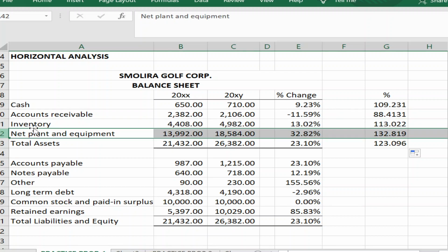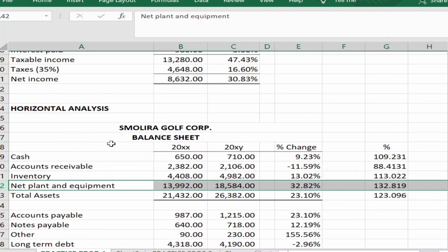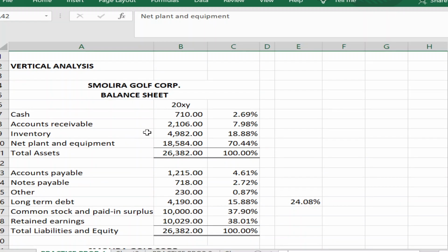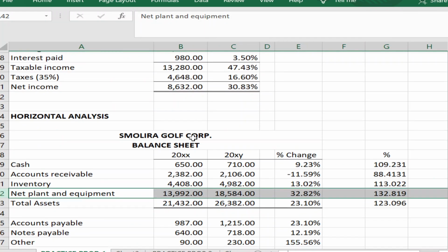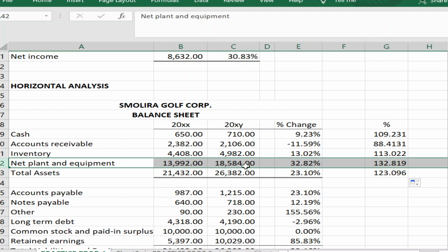And here in our property, plant, and equipment, we have an increase of 32.82%. So they added more property, plant, and equipment. If you look at the vertical analysis, we can see that a big chunk of your assets is composed of plant and equipment, and it's not surprising because for this year they added more.